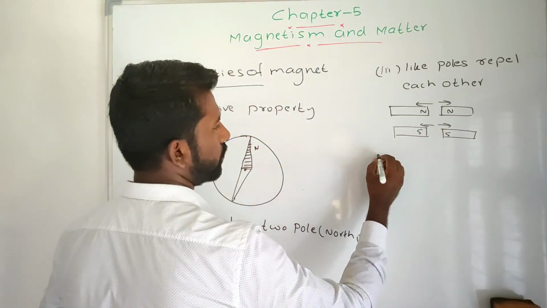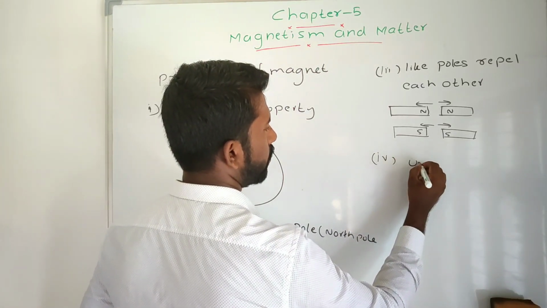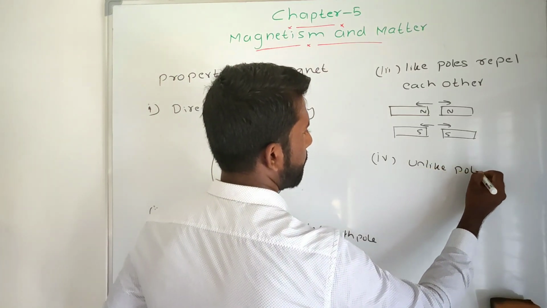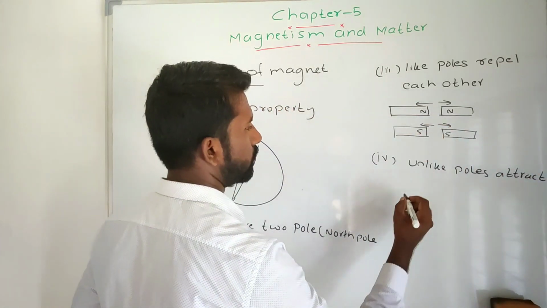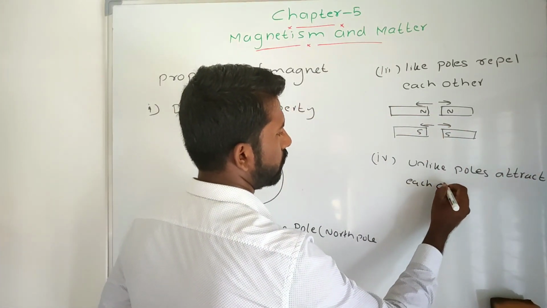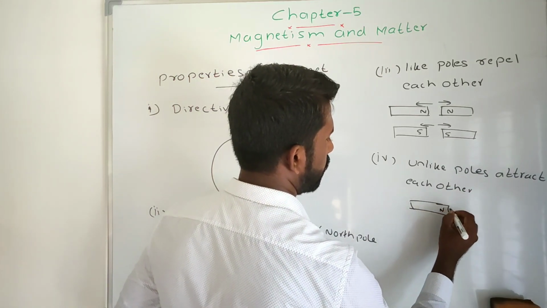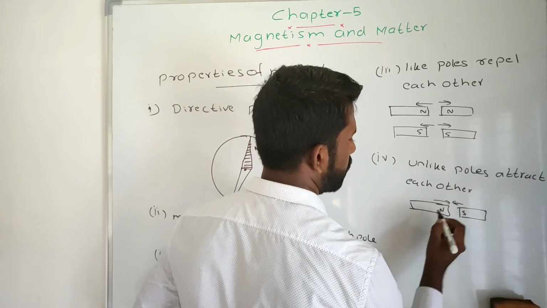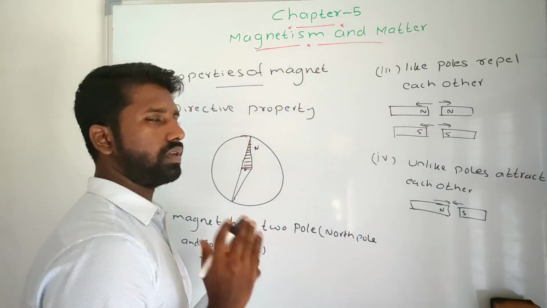Then the fourth property is that unlike poles attract each other. When a north and a south pole are placed nearby, you may observe that they come closer, that is, they attract each other.